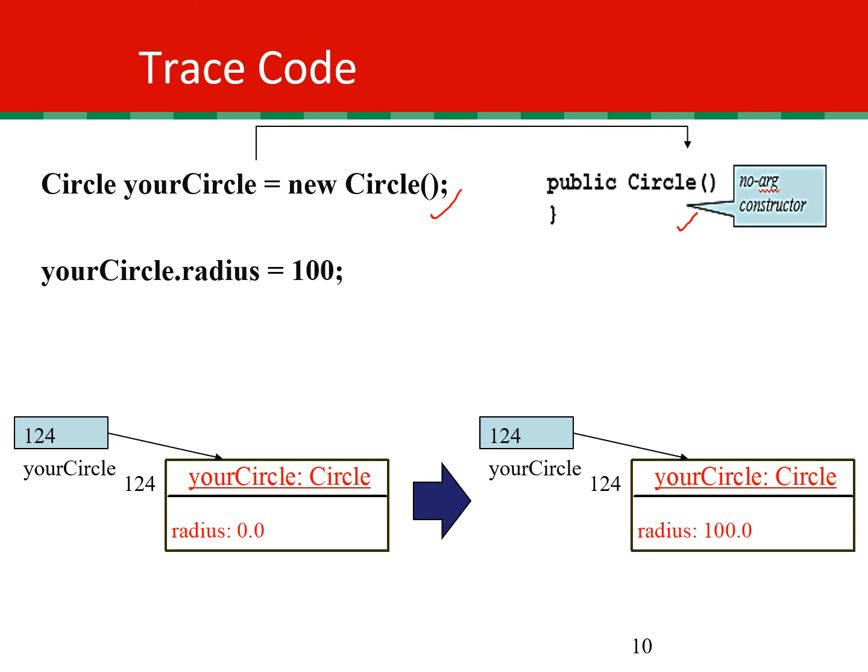In this case, it is calling for the no-argument constructor. Then you can imagine what happens in the computer memory. Your circle variable is created, and again I would like to remind you, this is an object reference, meaning it is a variable that references an object. So basically it contains only the address of the object that you just created.